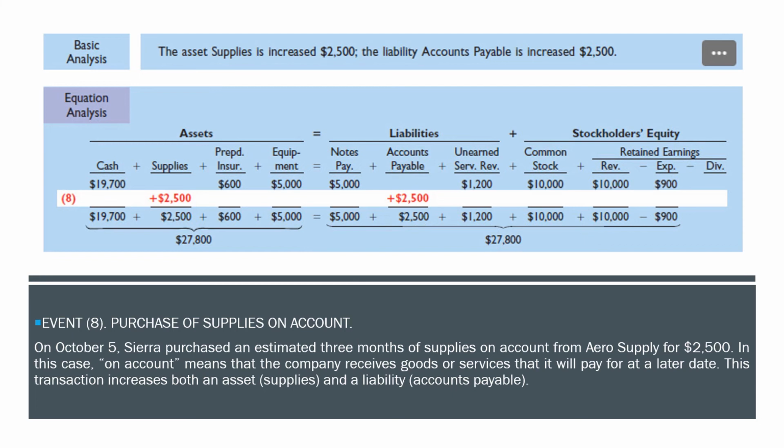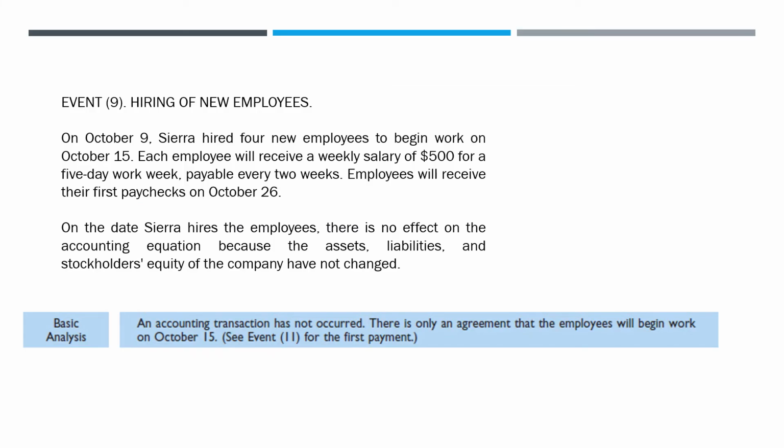This transaction increased both assets, supplies, and liabilities. Event 9 is the hiring of new employees, October 9th. On this date, Sierra hired an employee. There's no effect on the accounting equation because the assets, liabilities, and stockholders' equity of the company do not change. So just take a quick note of that.